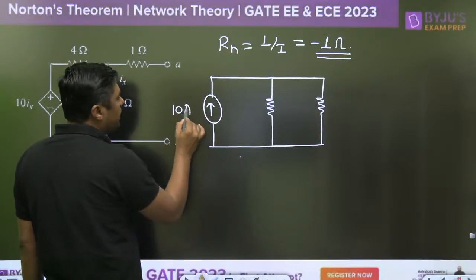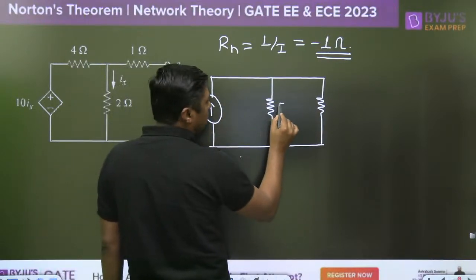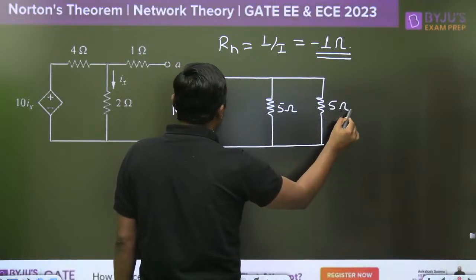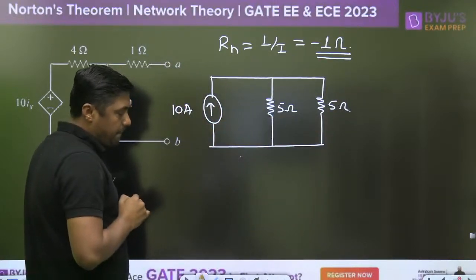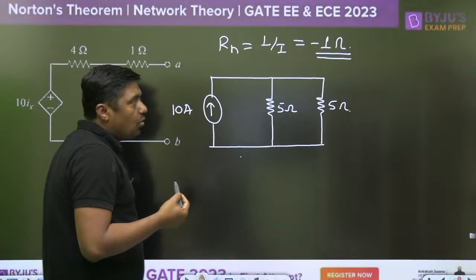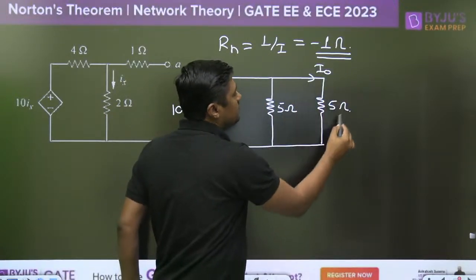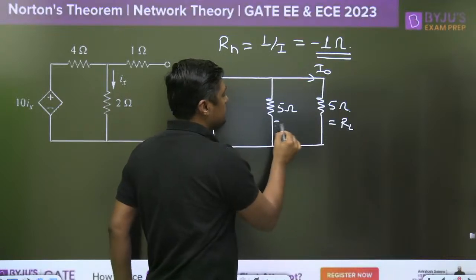If it is a 10 ampere current source and 5 ohm, everyone give me the answer. This is a 10 ampere current. Tell me, what will be the current through this 5 ohm resistor? This is the RL and this is the RS.